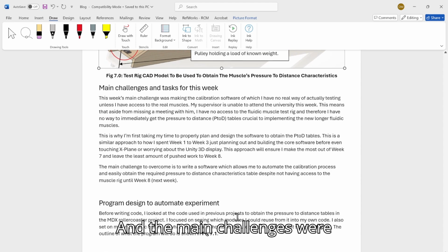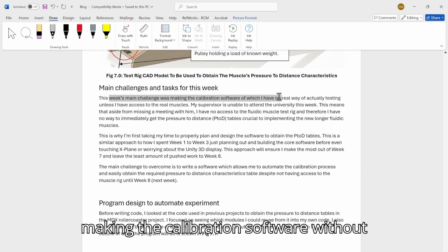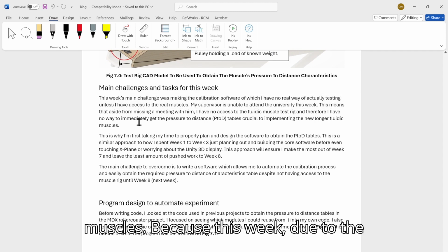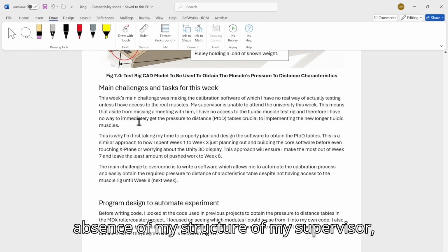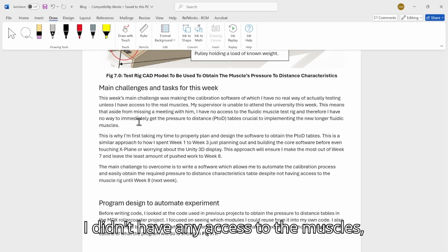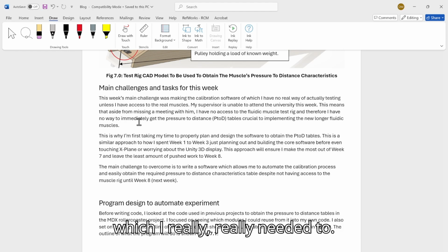The main challenge was making the calibration software without really having a way to access the muscles, because this week, due to the absence of my supervisor, I didn't have any access to the muscles, which I really needed.